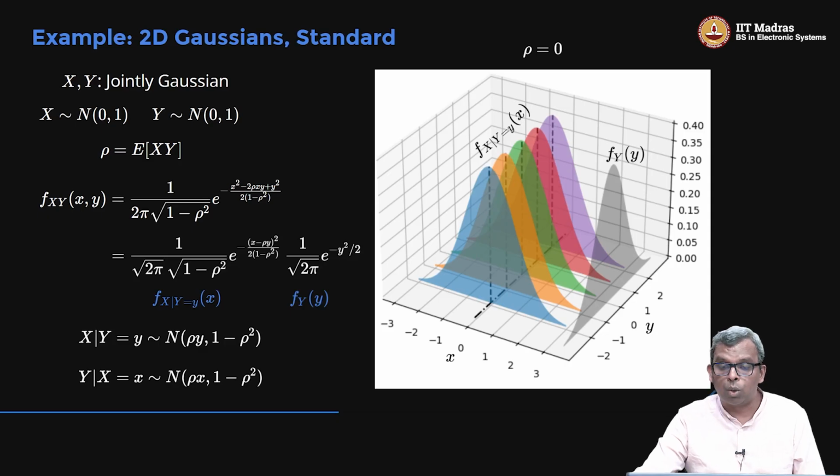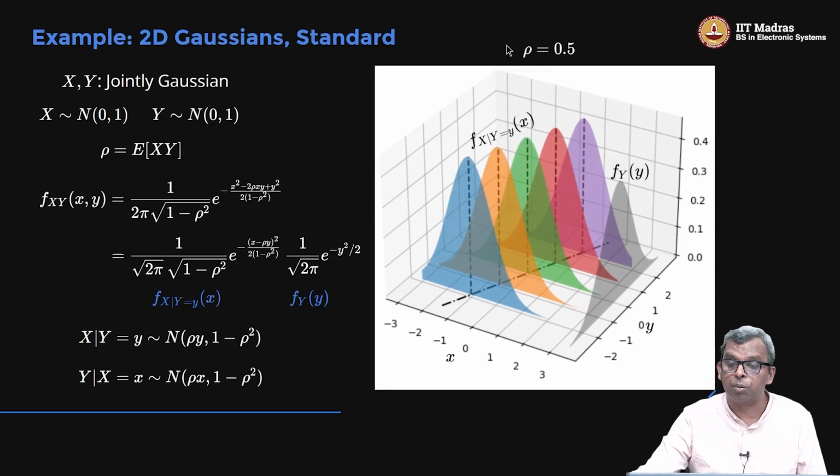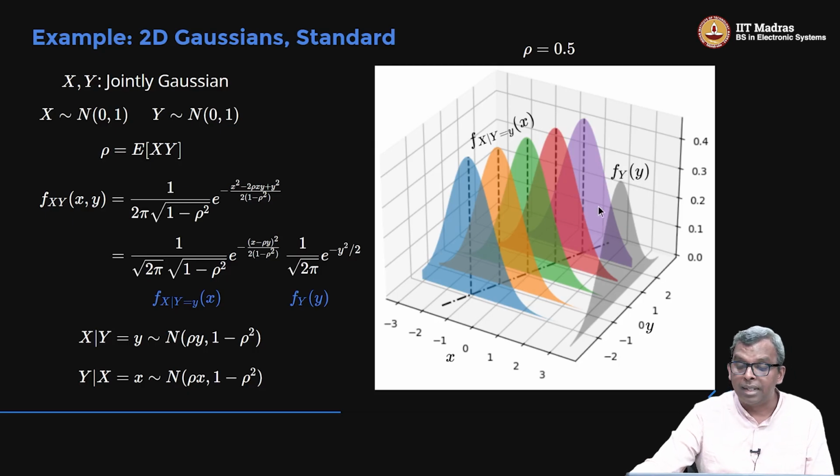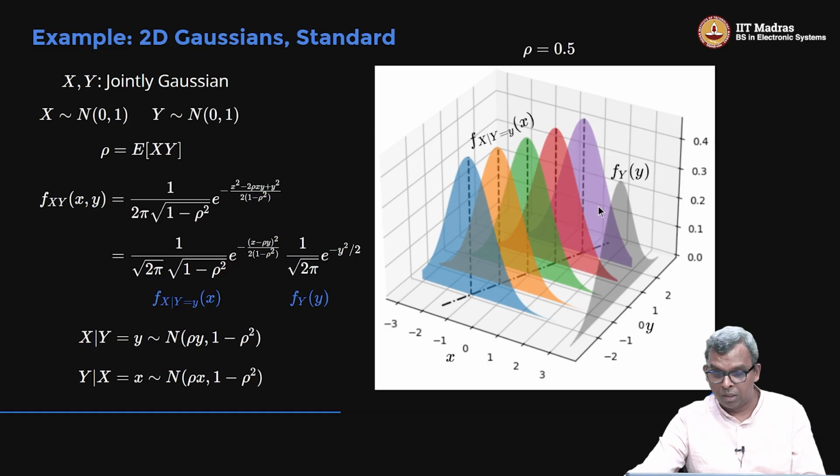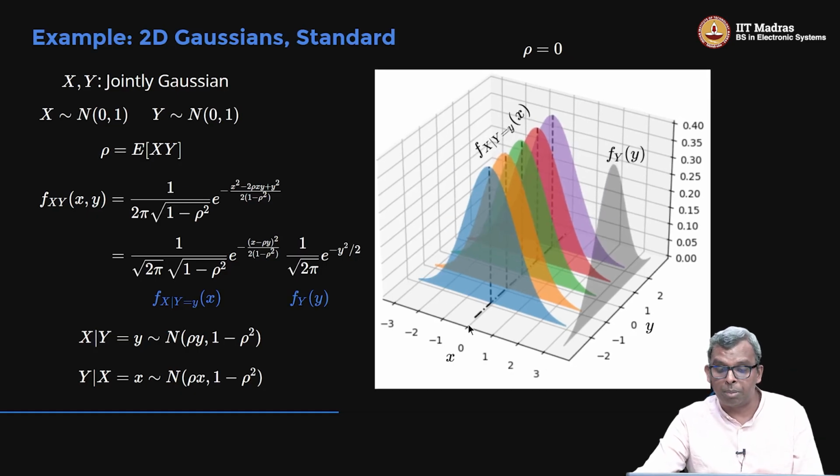Now, what happens when rho is different? Suppose rho is 0.5. Notice what happens here. You've got the f_Y(y) here, okay. So, you have f_Y(y) being always the same. Y is always N(0,1), right? Nothing changes with that. What changes, if you notice, is where the peaks occur. So, for rho equals 0, all the peaks occurred at x equal to 0 for all the conditionals.